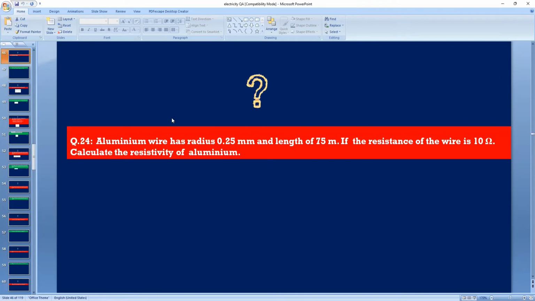An aluminum wire has the radius of 0.25 millimeters and the length of 75 meters. If the resistance of the wire is 10 ohms, calculate the resistivity of the aluminum.